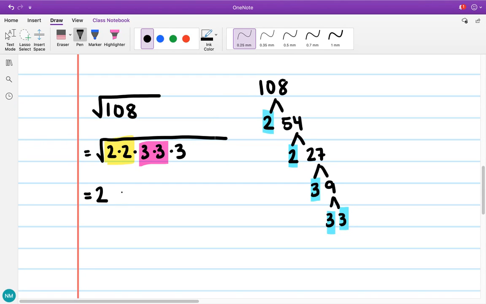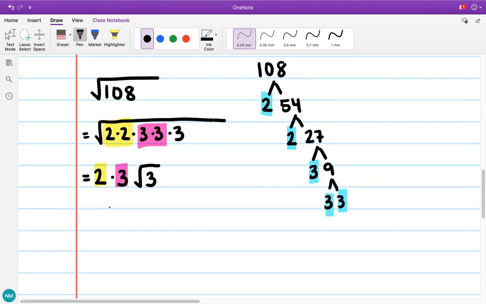The 3s come out as a 3, and they're going to be multiplied together because everything's being multiplied, right? So this is my 3, this is my 2, and then what's left by his or her or its lonesome self, that 3. So I have 2 times 3, which is 6, root 3, which is my final answer.